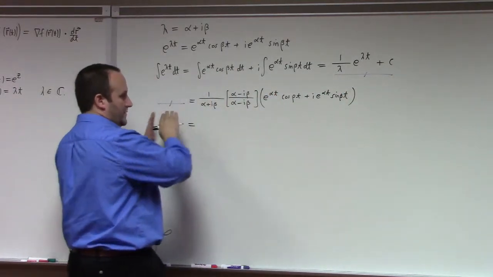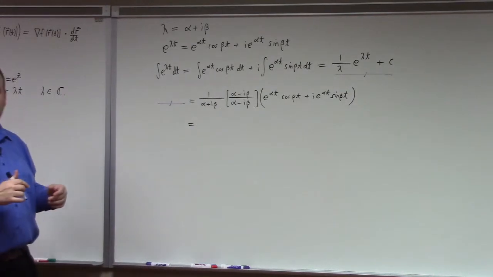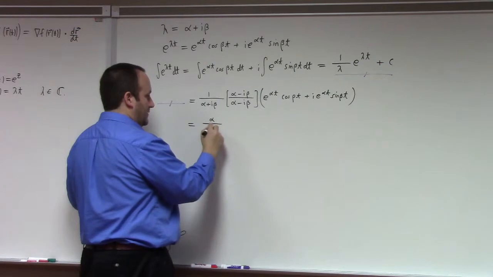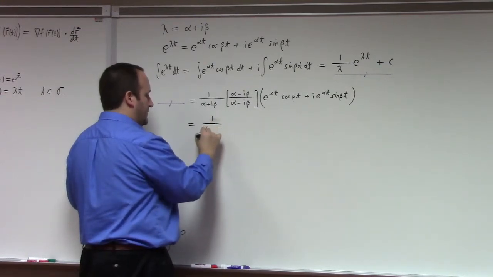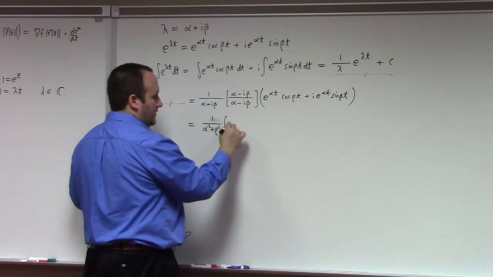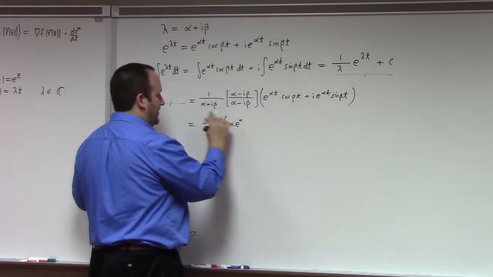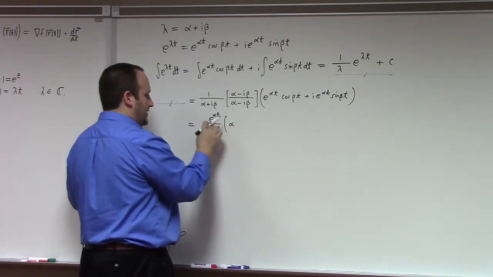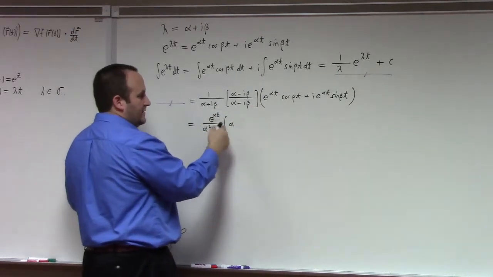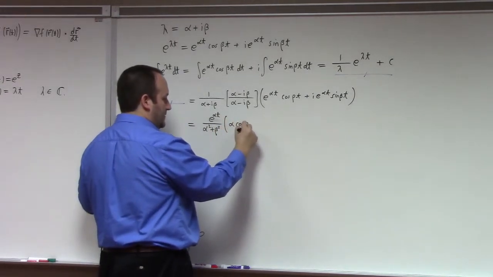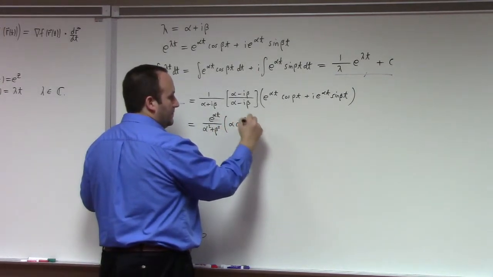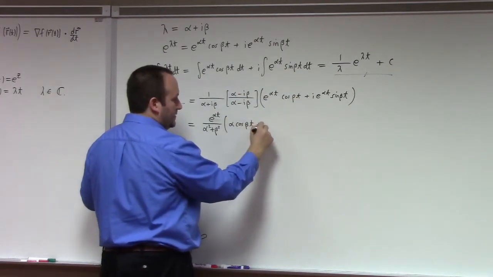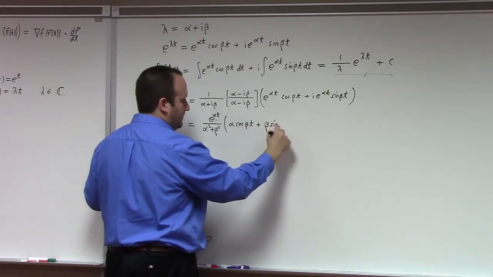Okay, so expand this and collect the real and imaginary parts. I've got 1 over alpha squared plus beta squared, and I've got an e to the alpha t everywhere, so I'll factor that out. So I've got e to the alpha t over alpha squared plus beta squared, and then an alpha cosine beta t, and then minus I times I gives me minus I squared, which is plus beta sine beta t.